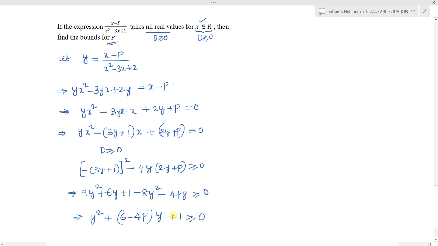That means we are again getting an expression in terms of a variable, a quadratic, which is greater than or equal to 0. Now let us solve this: y² + (6 − 4p)y + 1 ≥ 0. How do we find this? It is of the form ax² + bx + c ≥ 0.